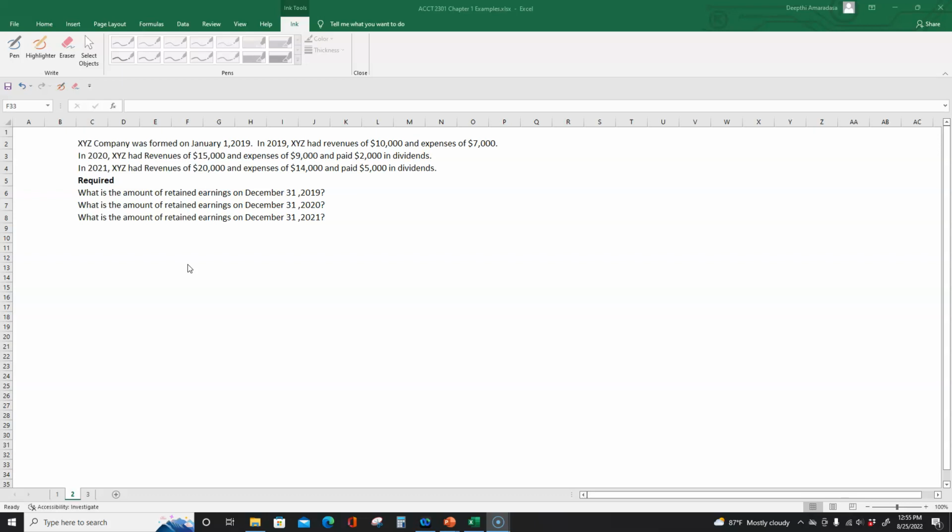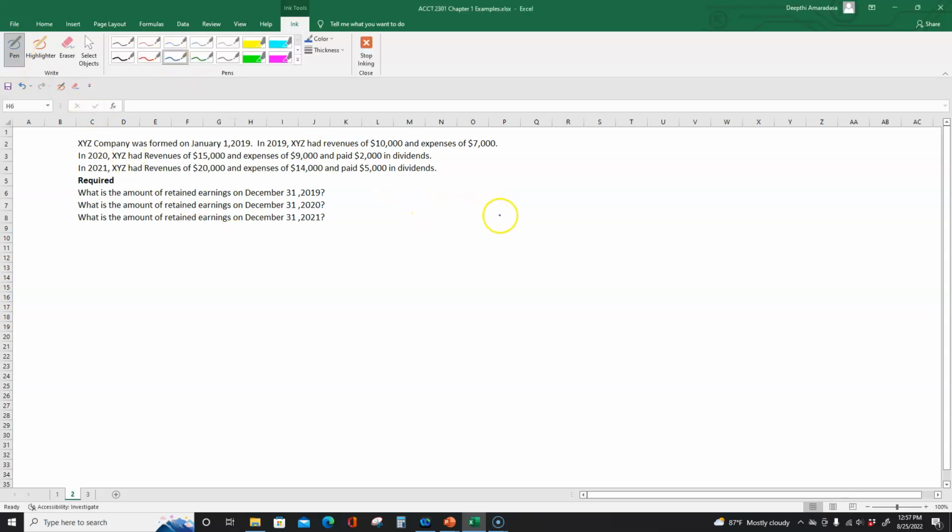Then they told us that in 2020, XYZ had revenues of $15,000 and expenses of $9,000 and paid $2,000 in dividends. Then they told us in 2021, XYZ had revenues of $20,000 and expenses of $14,000 and paid dividends of $5,000. They want you to calculate the retained earnings on December 31st, 2019, the retained earnings on December 31st, 2020, and the amount of retained earnings on December 31st, 2021.